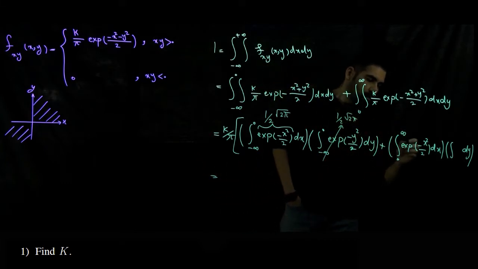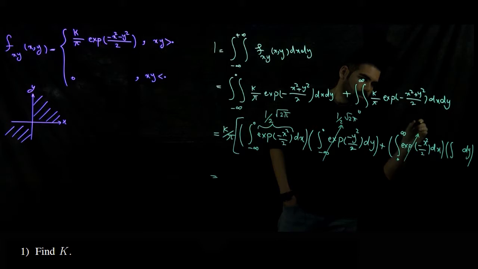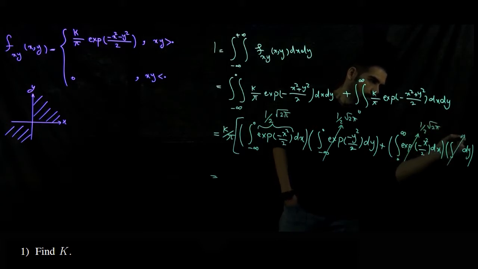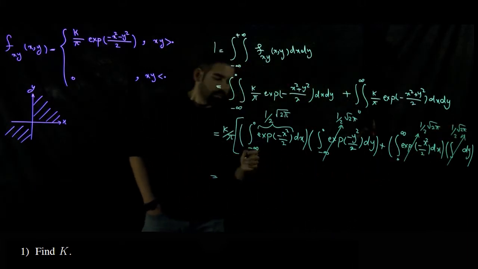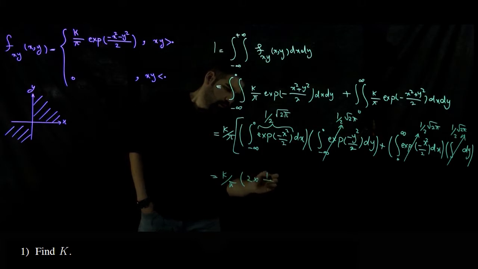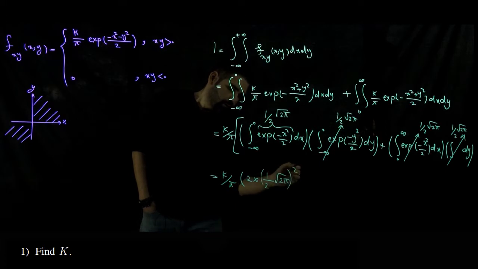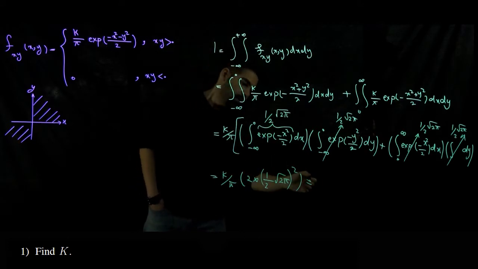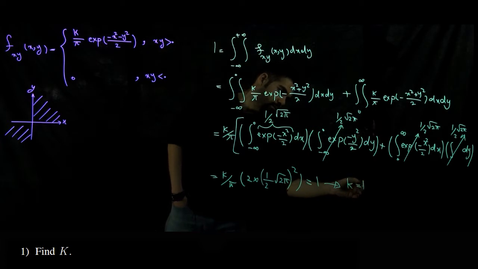And a similar argument holds for the other two terms. So we get k over pi times 2 multiplied by 1 over 2 radical 2 pi to the power of 2. And we know that this whole thing equals 1. So we easily get k equals 1.